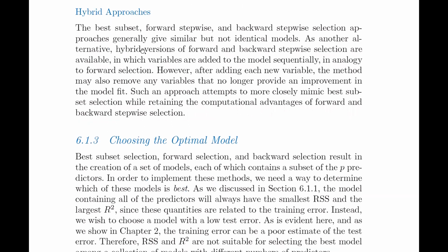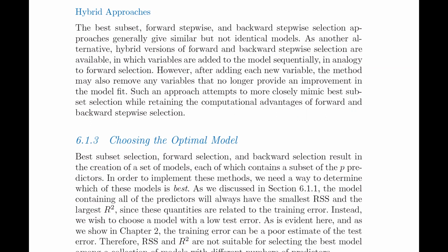There are also hybrid approaches. Let's just quickly read through it. The best subset, forward stepwise and backward stepwise selection approaches generally give similar but not identical models. As another alternative, I don't imagine this book is going to go into them, but hybrid versions of forward and backward stepwise selection are available, in which variables are added to the model sequentially, in analogy to forward selection.